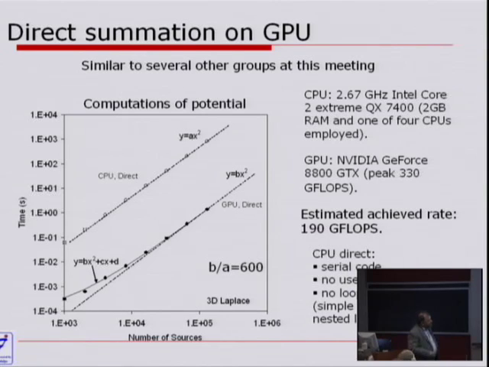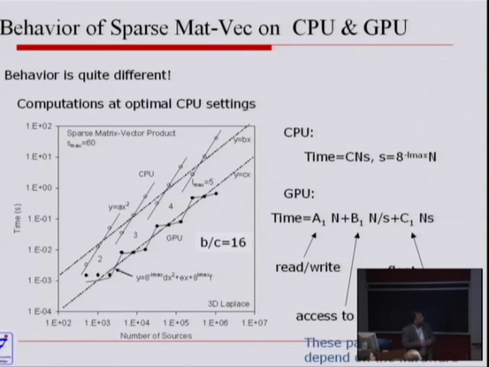Of course, this may not be a good number because of a kind of naive implementation on CPU, and this factor can be not 600 because it's just serial code. I mean, no use of any kind of caching, unrolling, and other tricks which in principle can improve this performance. So this is just two nested loops executing this n square interaction.